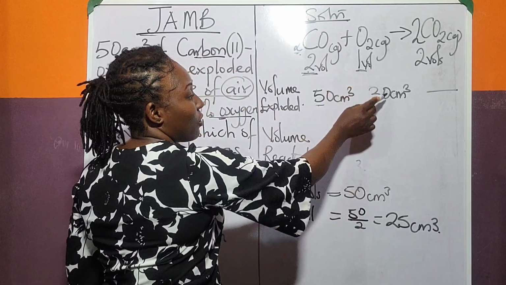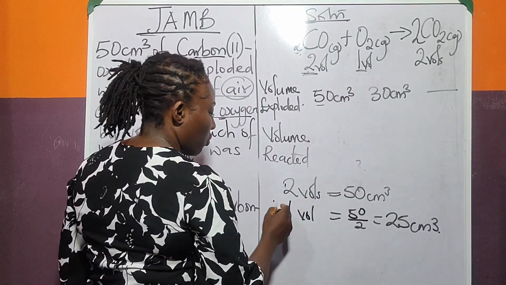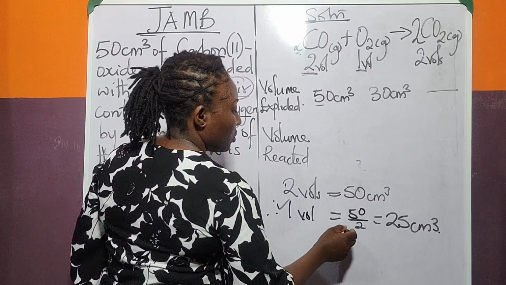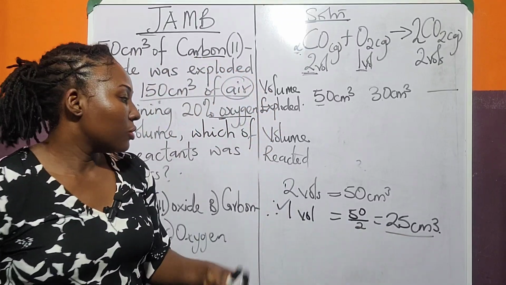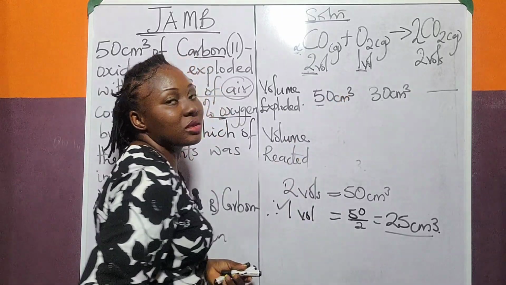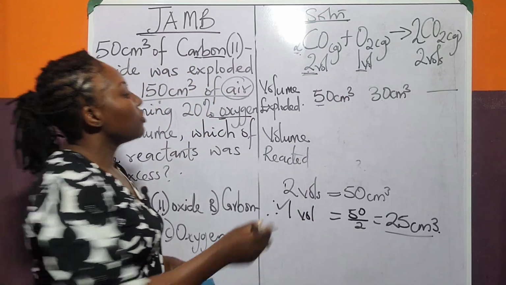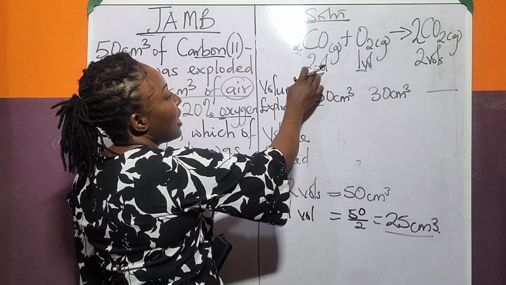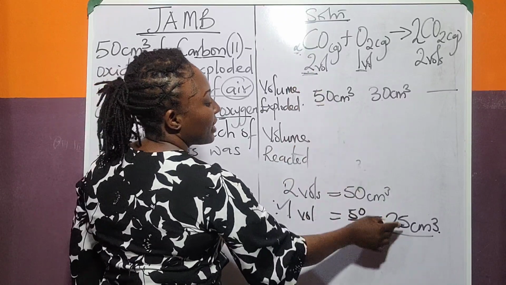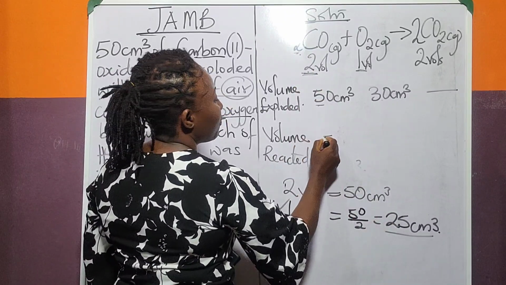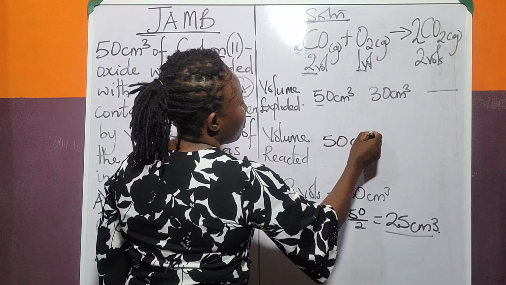And here that I have 1 volume, I have more than 25, so this will work. Hence, 1 volume will be equivalent to 25 cm³. So let me quickly dive into this since one volume is 25. So volumes that reacted, here I have 2 volumes. If one volume is 25, 2 volumes is 2 times 25. That will give me 50 cm³.